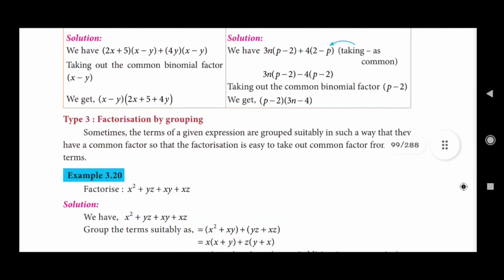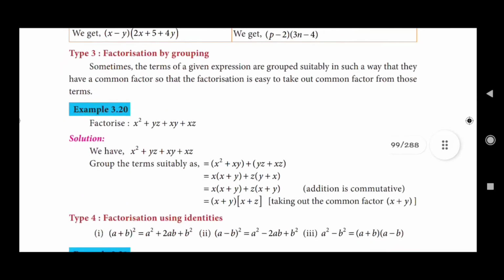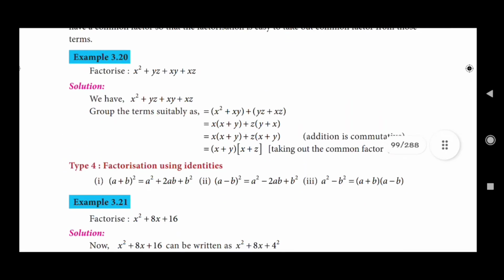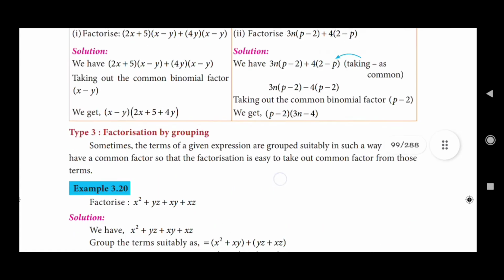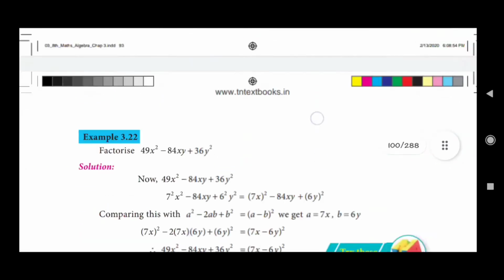Now factorization. Factorization is nothing but checking whether these numbers will come in the tables. If it is a normal number, we can check, but here the variables and also the constant have been given, so we need to separate the numbers and find the factorization.